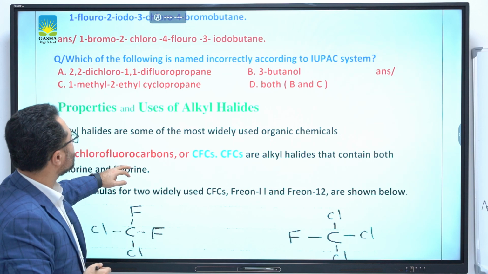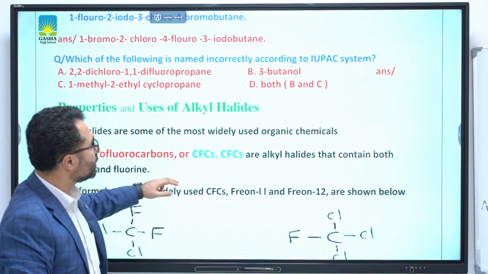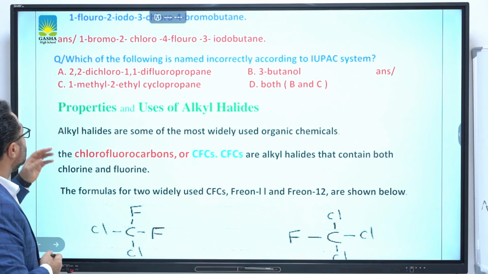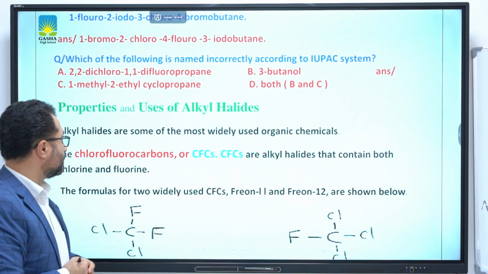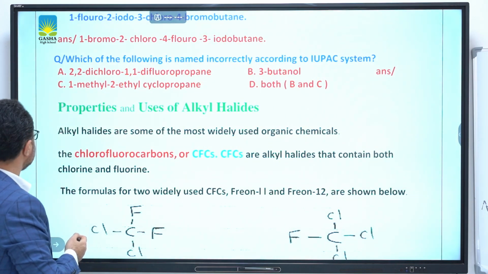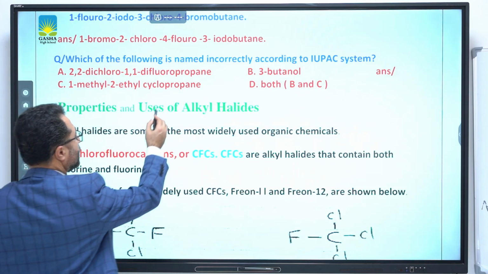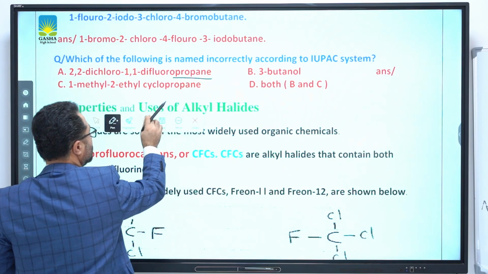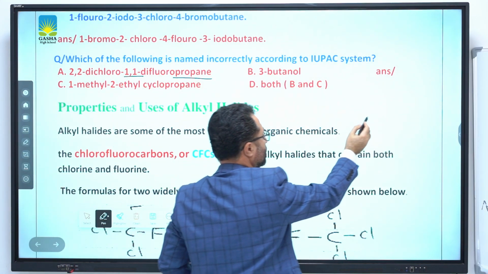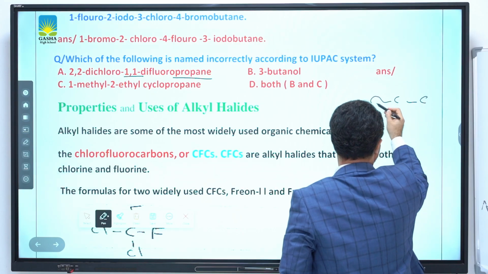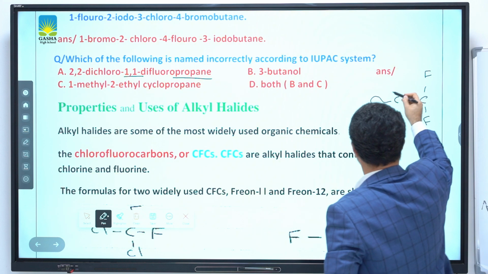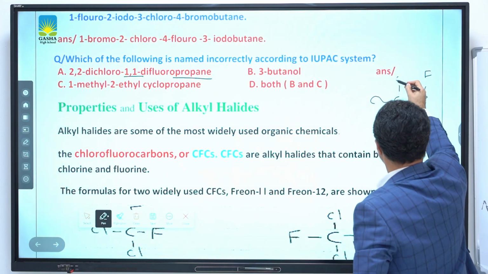Which of the following is named incorrectly according to the IUPAC system? 2,2-dichloro-1,1-difluoropropane. We have 3 carbons, prop. On 1,1 we have difluoro, and 2,2-dichloro.